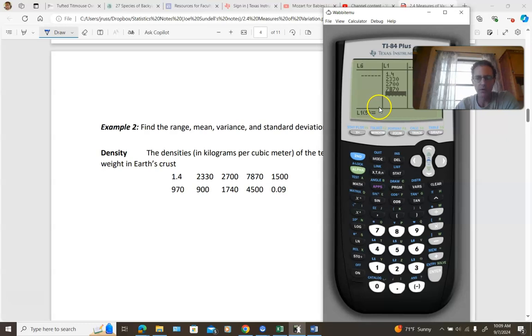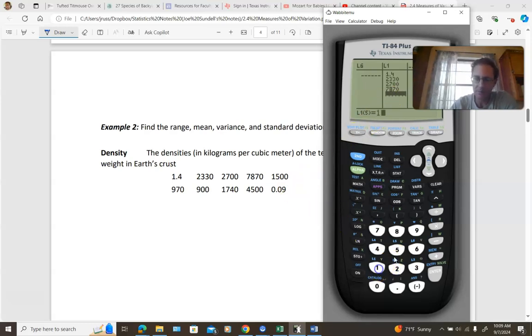Remember, when you're inputting your data, guys, accuracy is crucial here, because just like if you were finding the standard deviation by hand and you make one error, if you input one value incorrectly, you'll get the wrong standard deviation.